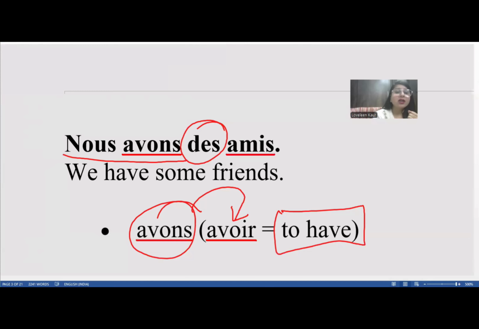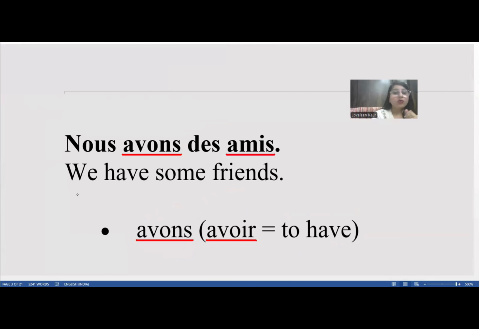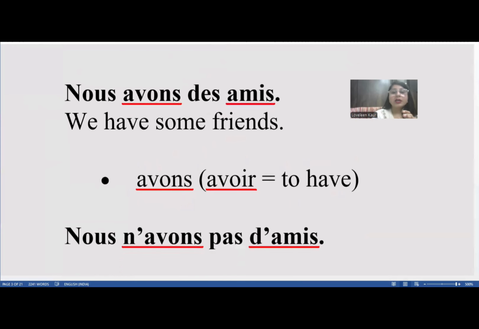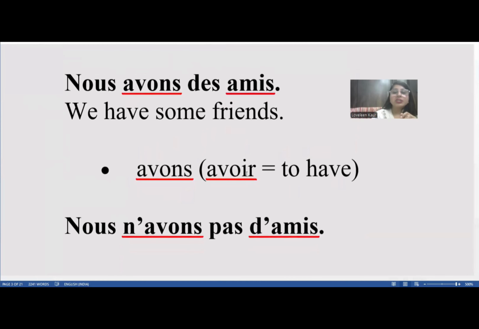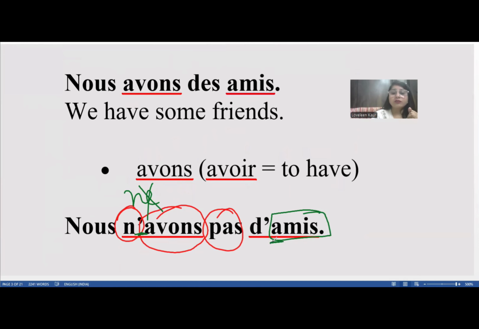And now you want to say we don't have any friend or we don't have friends, right? So what you will do, the same rule will be followed. Around the verb we'll put ne and pas. And if you remember, I told you, if any verb starts with a vowel, then we do not put ne, we'll drop it and put an apostrophe. Okay, I have done that. So if I say nous n'avons pas, and then ami is starting with a vowel, so des will change to de.